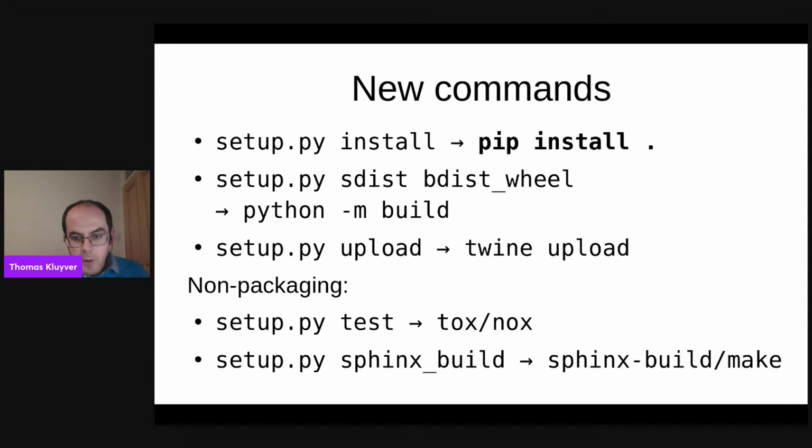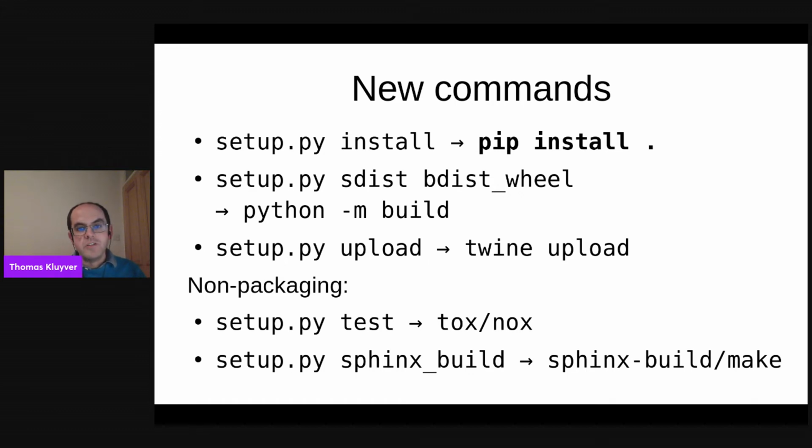So if we don't have setup.py, what are we going to call instead? So setup.py install, you call pip install dot instead. And that one's very much standard. That's a user-focused thing. The rest are all more developer-focused things.